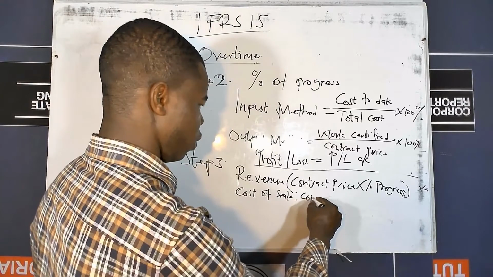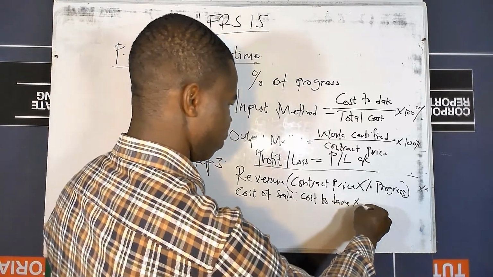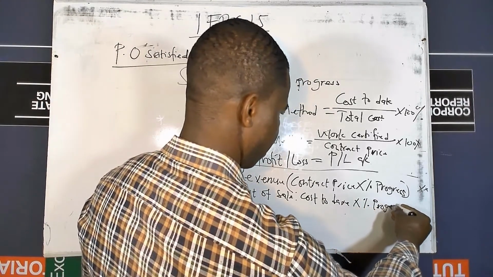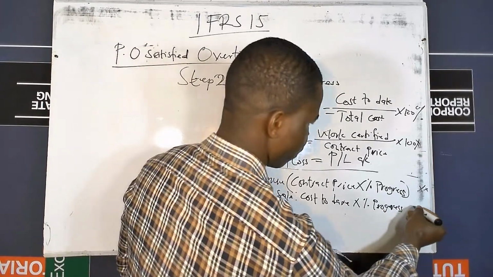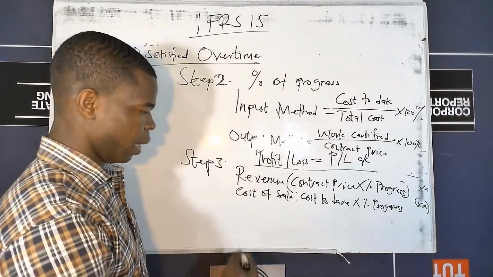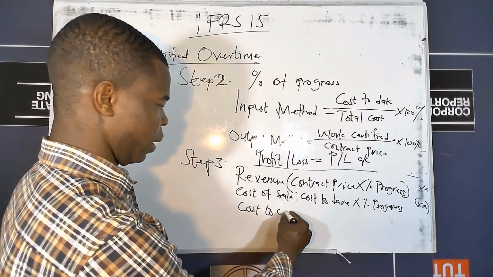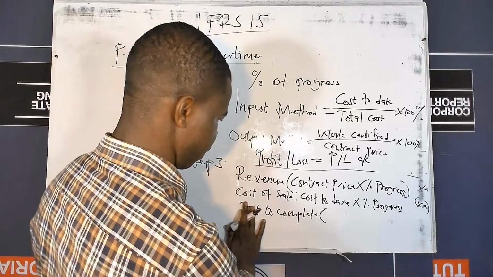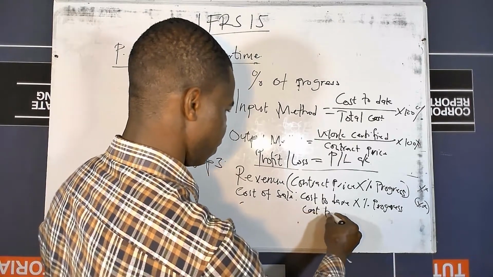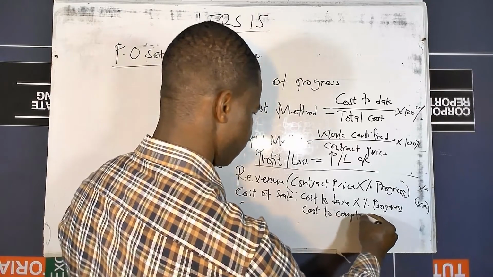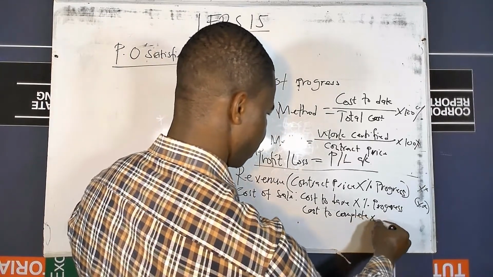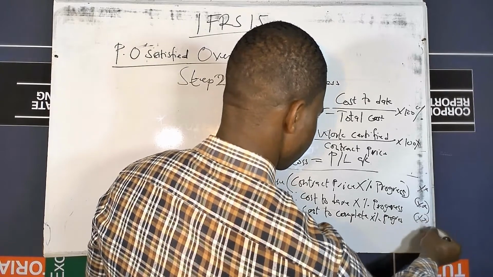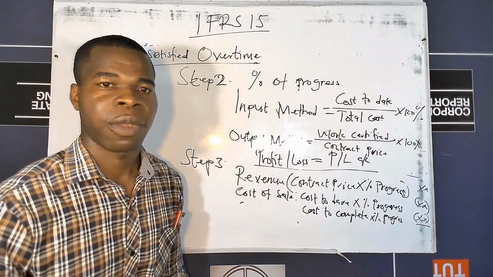It's going to be your cost to date multiplied by the percentage of progress, and then the next one is cost to complete, the same way, multiplied by the percentage of progress. So the summation of these 2 costs gives us our cost of sale.